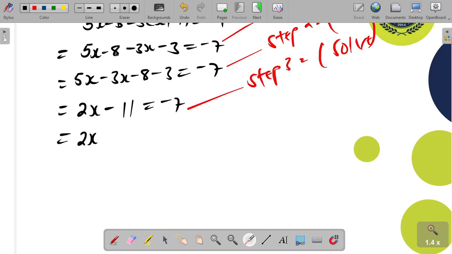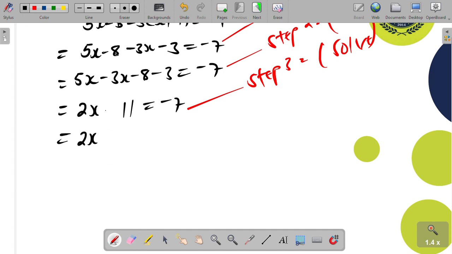Now let's say you had a positive here, instead of a negative. Automatically, when 11 crosses the equal sign, it will change to negative. Write that down. Very, very important on the signs, because many students miss marks on the signs.